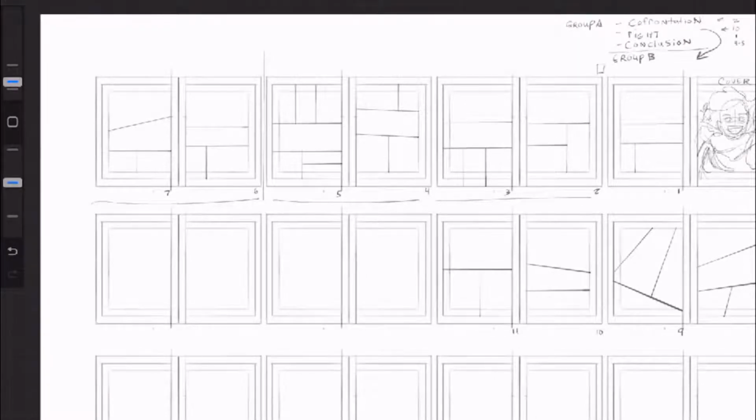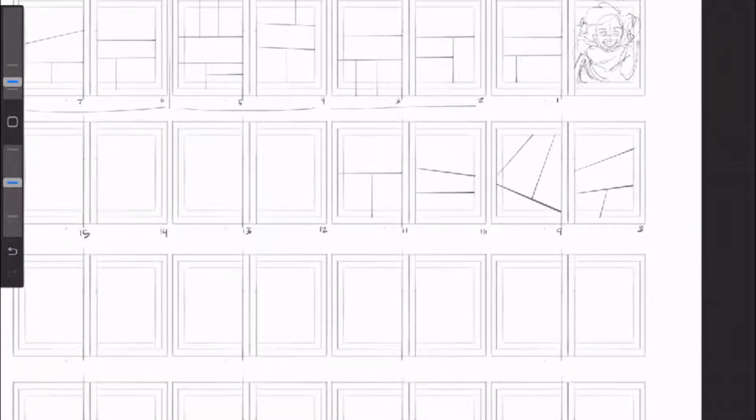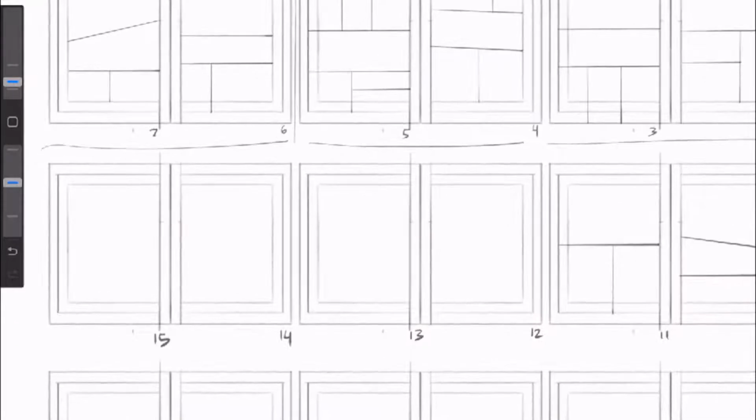We go ahead and number these. Okay, so at page 12 we gotta go and do this for the next 2 more pages.